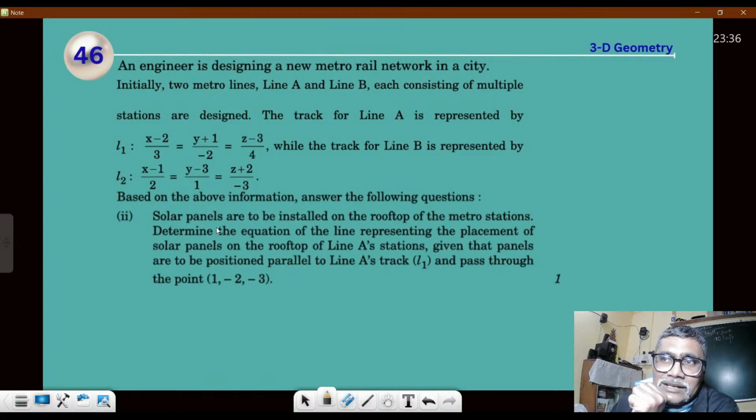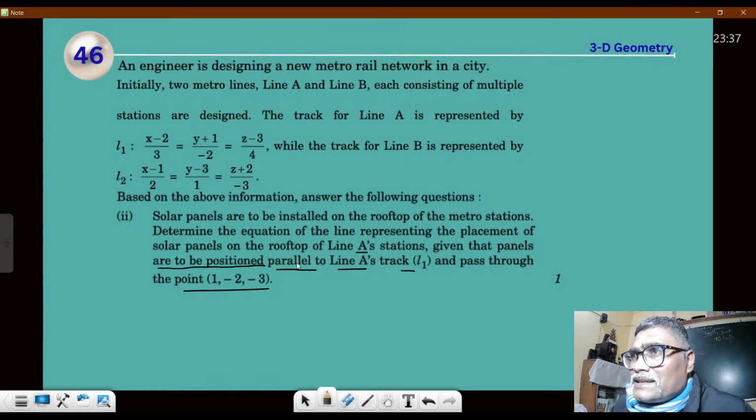Solar panels are to be installed on the rooftop of the metro station. Determine the equation of the line representing the placement of the solar panels on the rooftop of line A station, given that panels are to be positioned parallel to line A's track and pass through the point given.